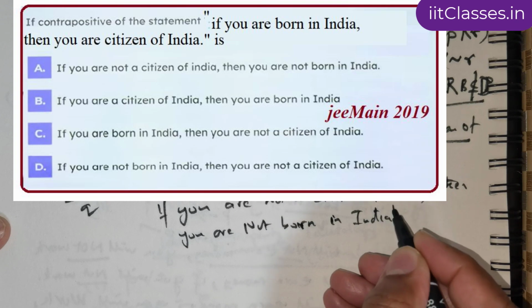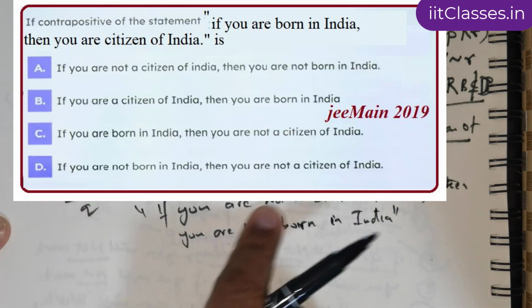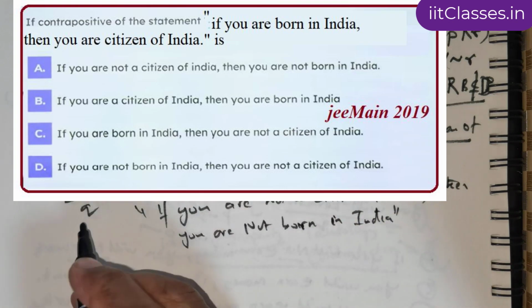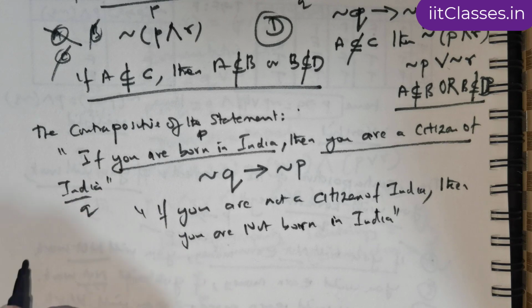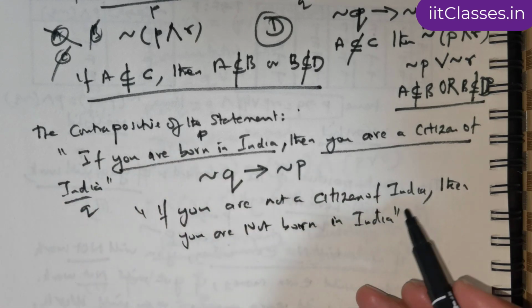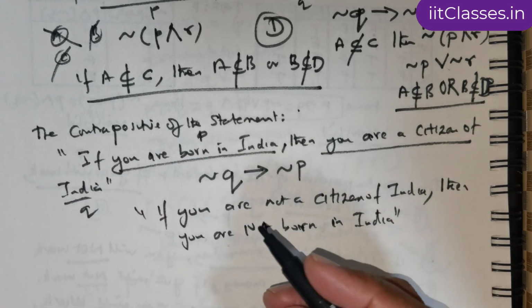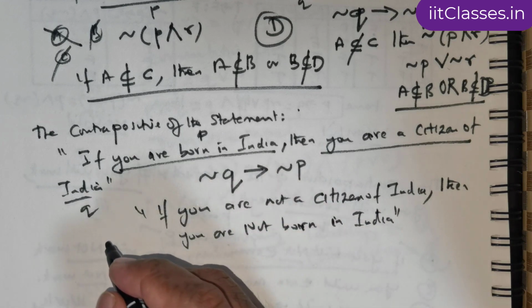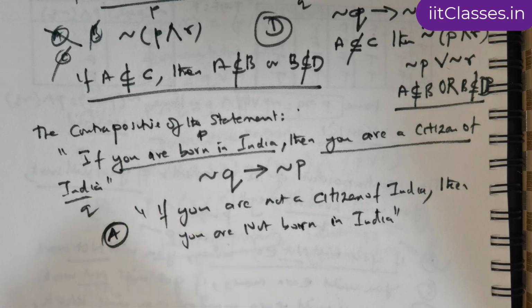So the best way to obtain the right choice is to first conclude the outcome, then you can go and pick up the choices. You can clearly see that choice A, if you are not a citizen of India, then you are not born in India, is going to be the right one. Of course, choices B, C and D are not the right ones, so A is the right solution for this question.